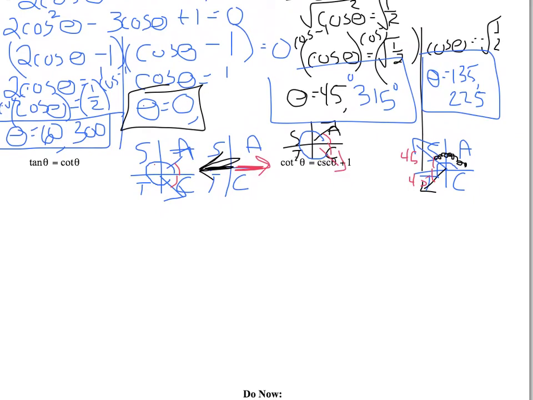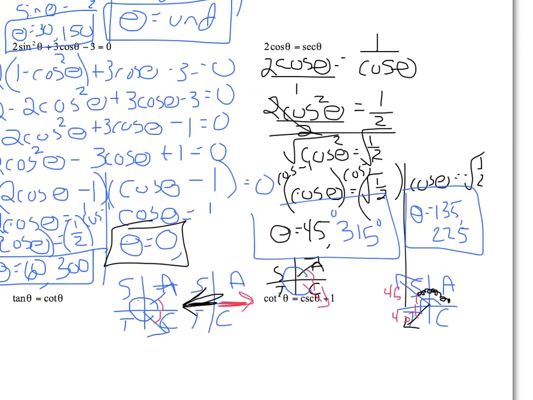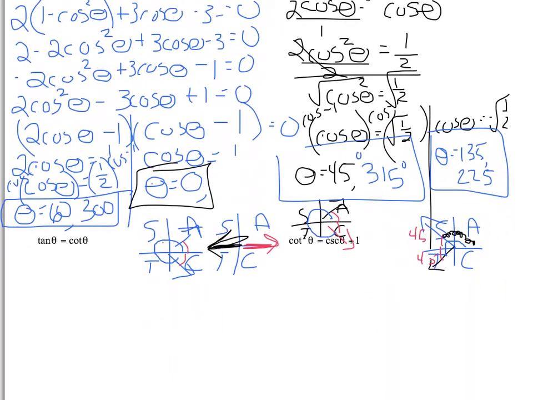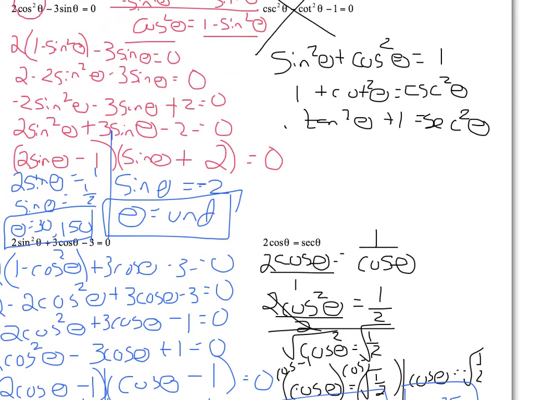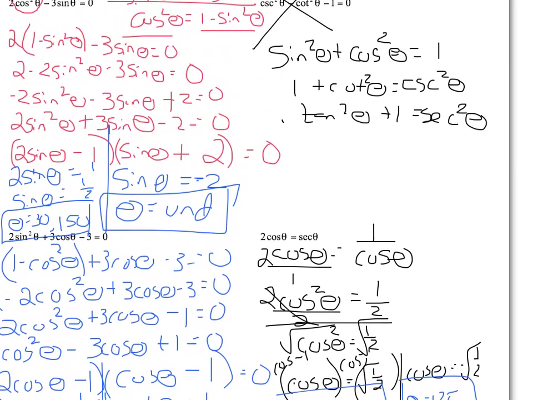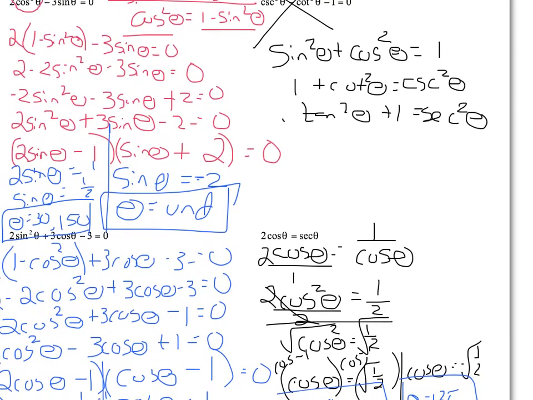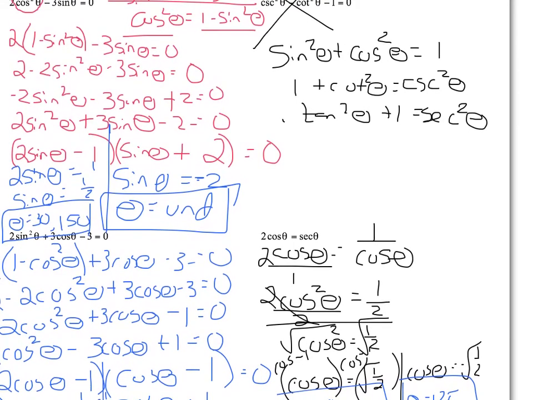So I see a cotangent squared theta and a cosecant. So I go up to the top to my 3 options, and I look for the one that has a cotangent squared in it, which is my second one. I need that to read cotangent squared equals, so the way I make it read that is to subtract the 1.